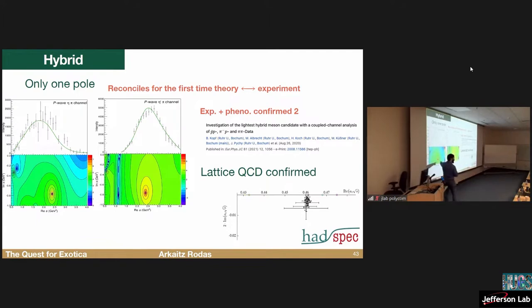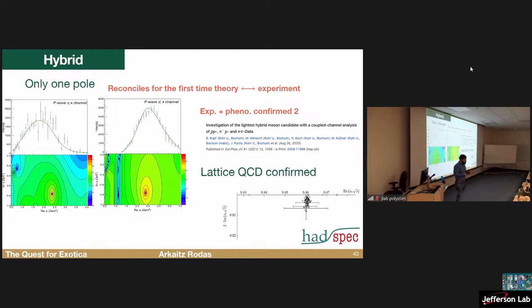When you go to the complex plane, to the second Riemann sheet where the poles live, it turns out this guy is this guy. So there is one pole that is decaying slightly differently to the two channels and producing two peaks.